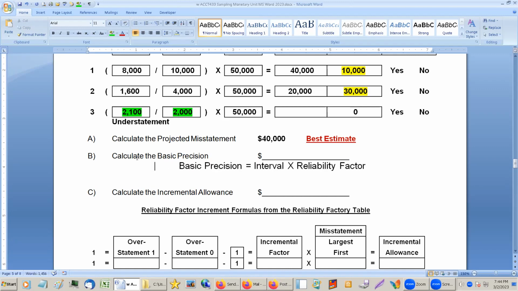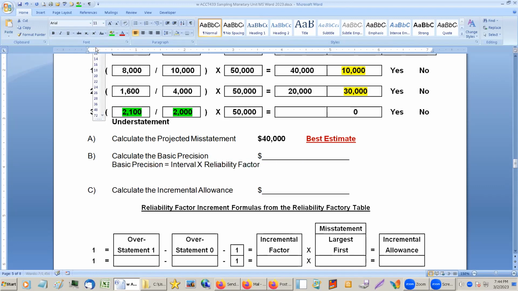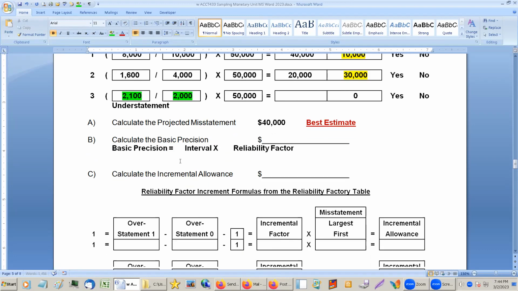In the future, I'm going to fix this. So basic precision equals our interval times reliability factor.